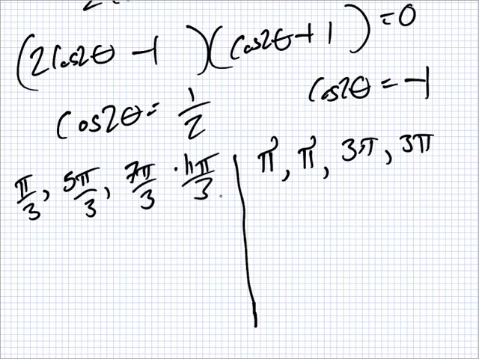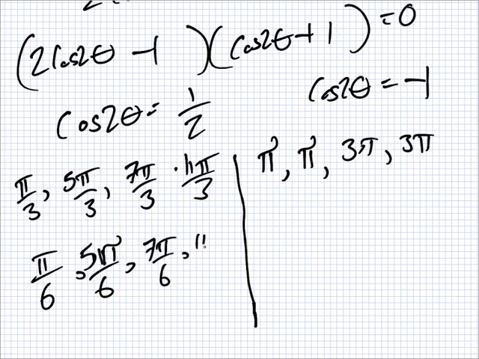Wait, that's not finished. Therefore, 2 theta. How do you get the answer for theta? Divide by 2. So you have pi over 6, 5 pi over 6, 7 pi over 6, 11 pi over 6, pi over 2, 3 pi over 2.